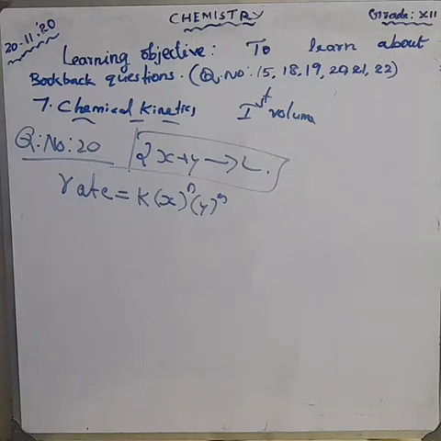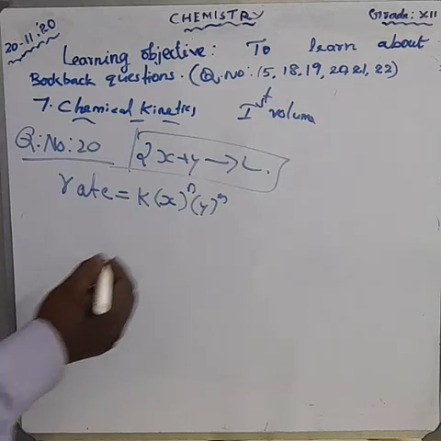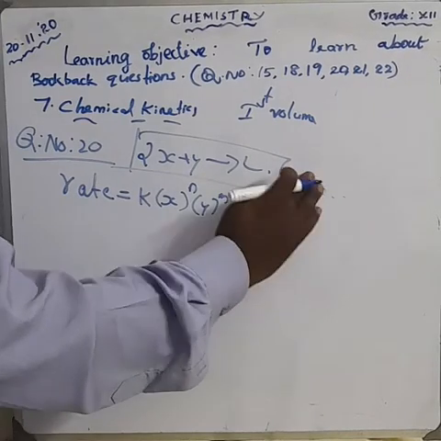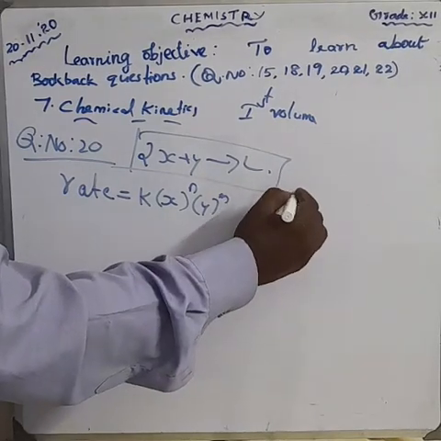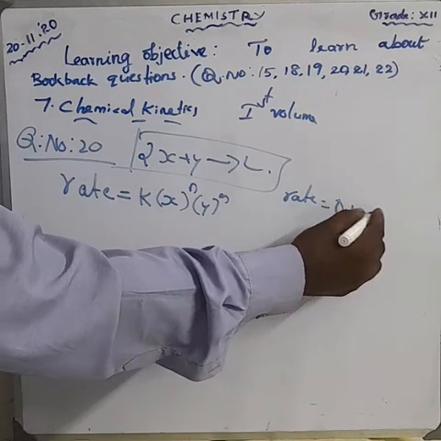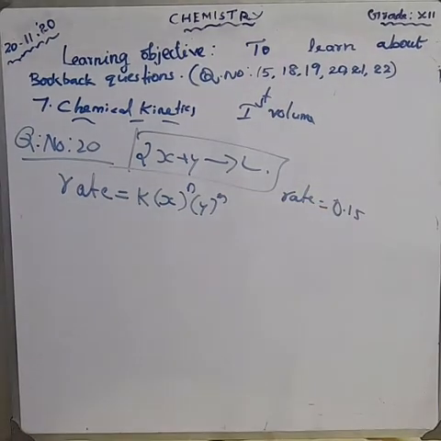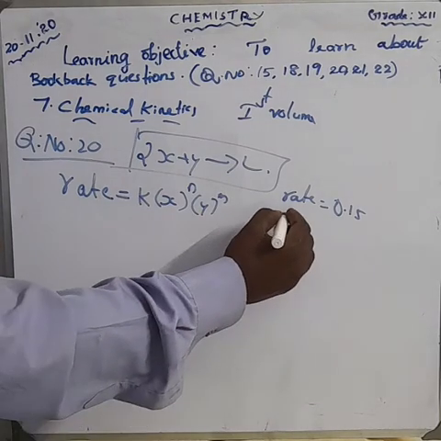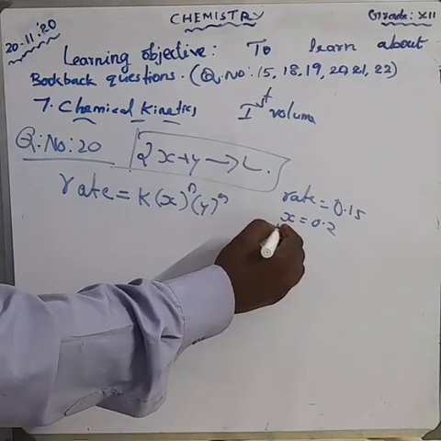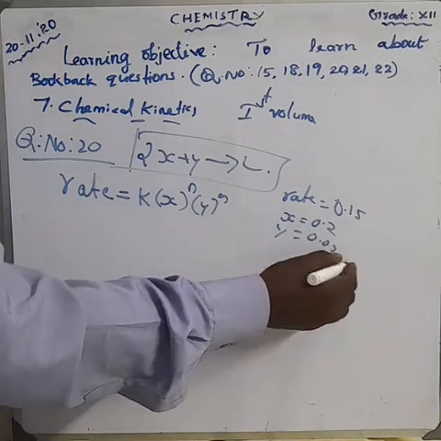The rate is already given in the data, 0.15. Then the X value is 0.2 and Y is 0.02.